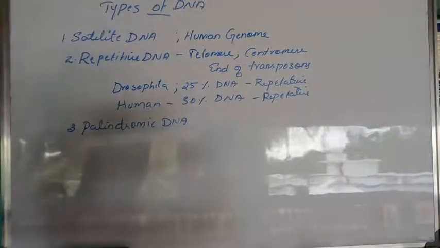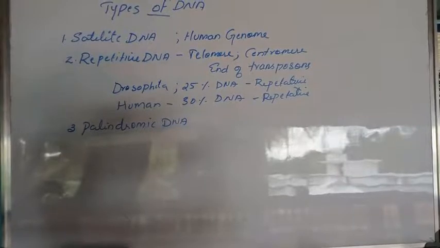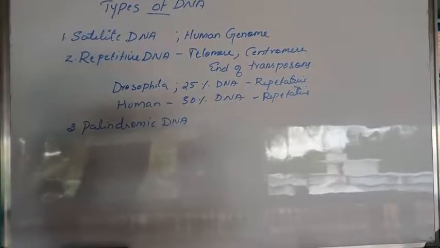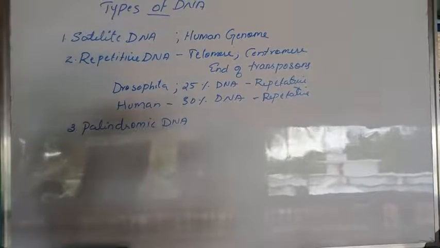So palindromic DNA is a part of DNA in which the base sequence of one strand is opposite to that of the other strand. When you read from the opposite direction, you see the same as the other strand. The DNA regions that transcribe RNA are often palindromic.